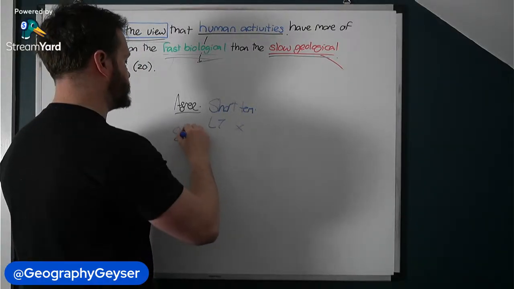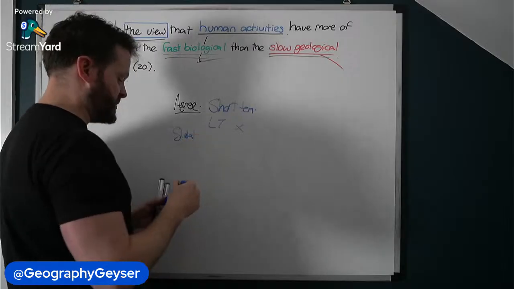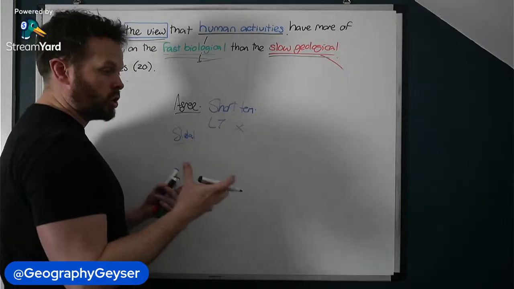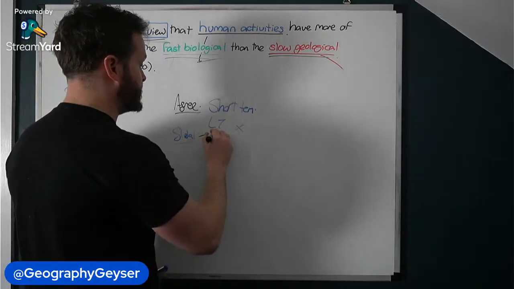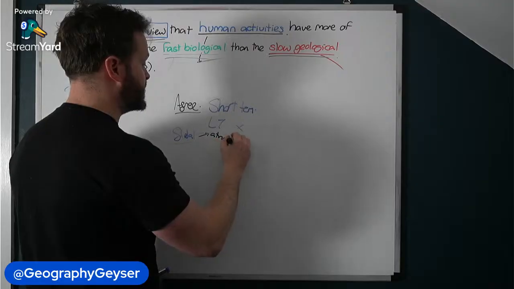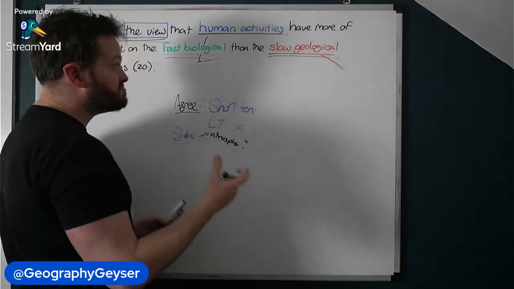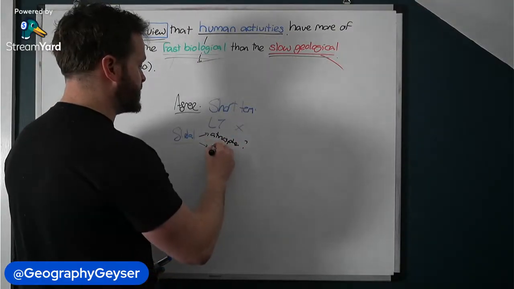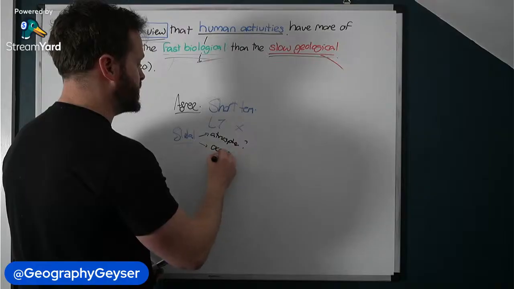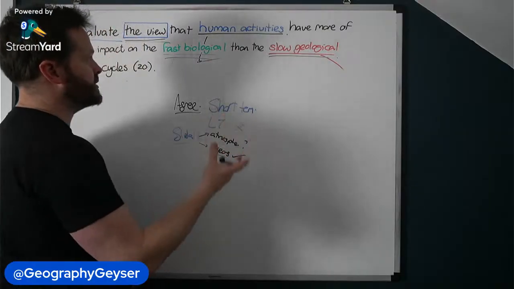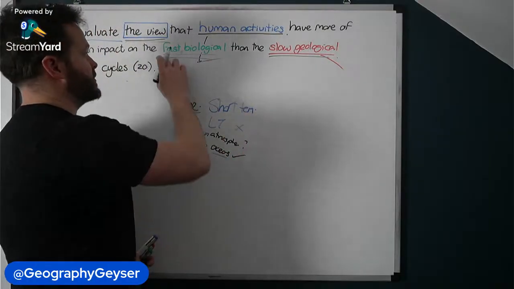At the global scale, it depends what global scale you're talking about. In terms of the atmosphere, uncertain. In terms of the oceans, we'd probably agree that we're able to influence more of the fast biological cycle.